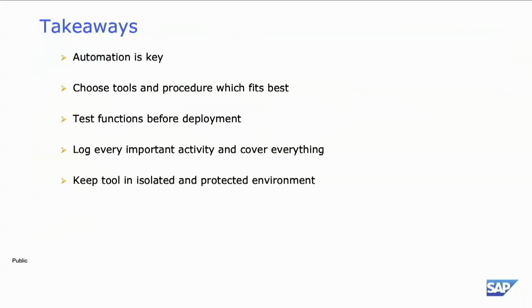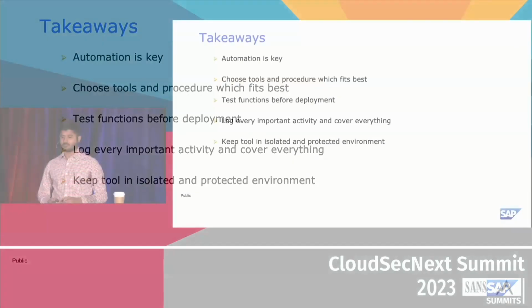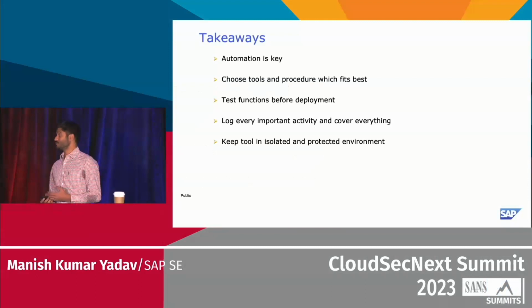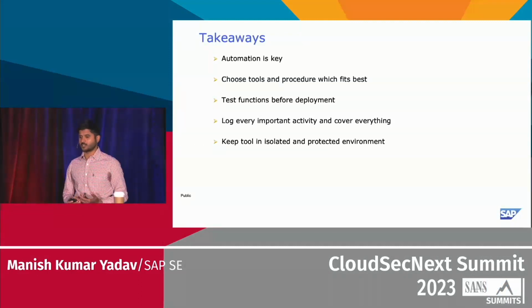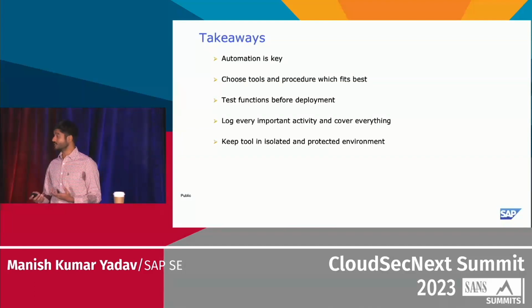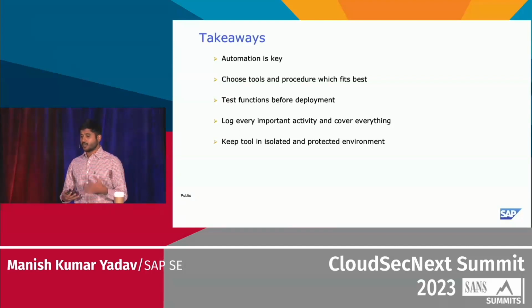Coming to the takeaways, automate as much as possible, depending upon the requirement. For us, automation is really important because we are dealing with hundreds of thousands of accounts. You need to make sure that you monitor that. Also, make sure that you test the functions before deployment.